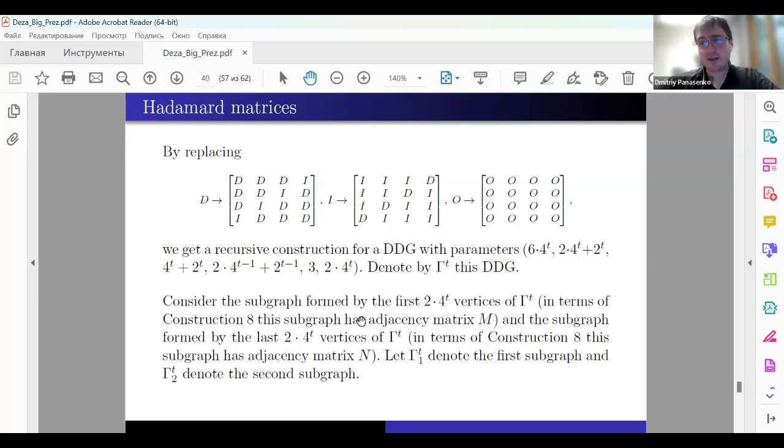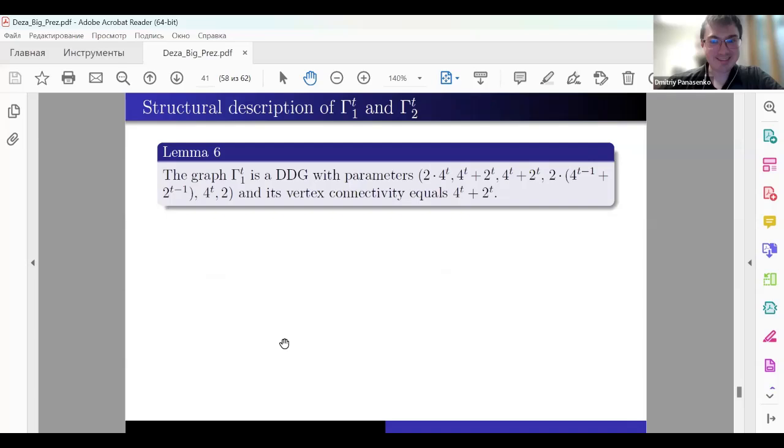We consider the subgraph at the top with adjacency matrix M, and we will call it Gamma_t^1, and the subgraph at the bottom with adjacency matrix N, we will call Gamma_t^2. Now about vertex connectivity of these graphs. The graph Gamma_t^1 is a divisible design graph with parameters you can see here, and its vertex connectivity equals 4 to the power t plus 2 to the power t. Basically, it equals the degree of the vertex.